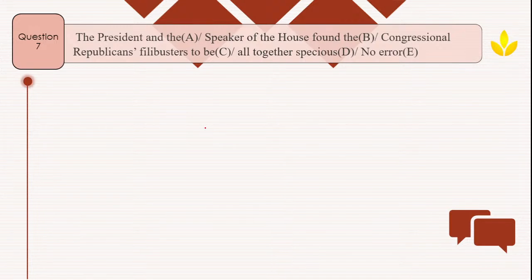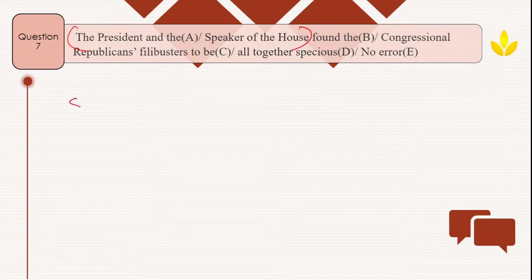So here you have to understand a few of the meanings of the words so that you can answer the question. The president and the speaker of the house.